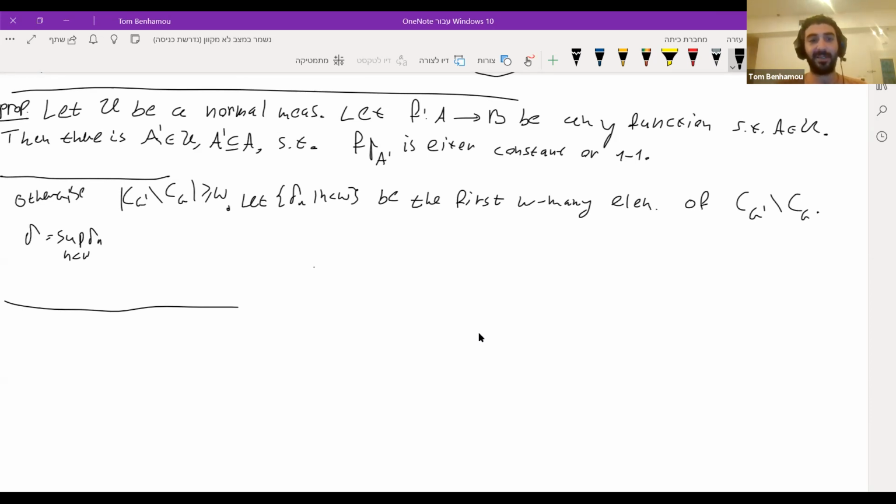This delta is clearly a limit point of CG, so it is measurable in the ground model. Clearly, its cofinality in V[G] became omega. So the cofinality in V[G] of delta is below delta, which means that by our observation, delta is also a limit point of CG.